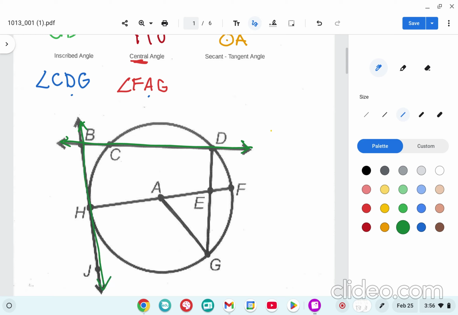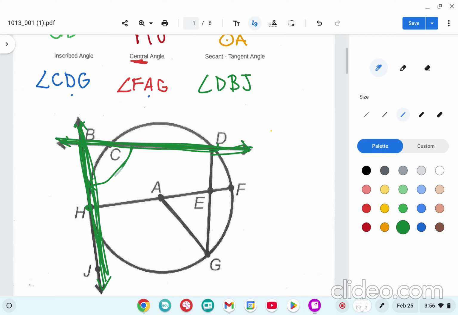Those 2 lines are marked in green, and that's the angle that is being made by those 2 sides. You could name this a variety of ways, but I'll just choose to use the exterior points to do D, B is the vertex, and then J. So D, B, J would be the name of that angle shown in green, which is a secant tangent angle. Again, just made up of a secant line and a tangent line together.